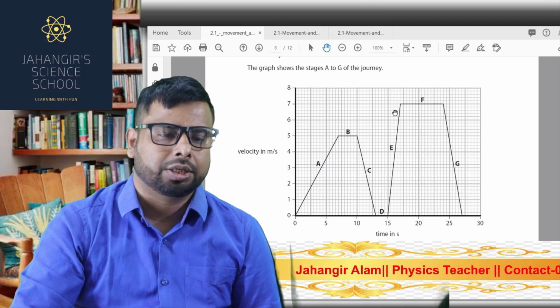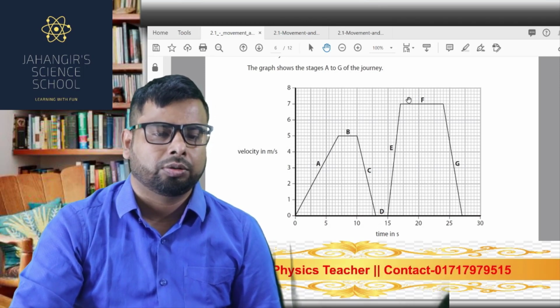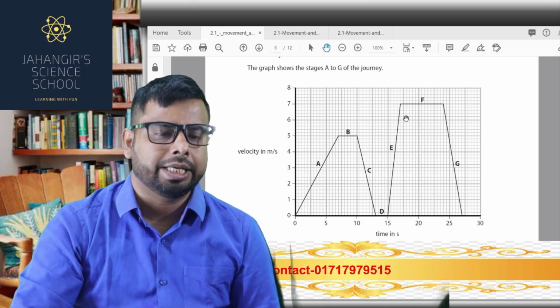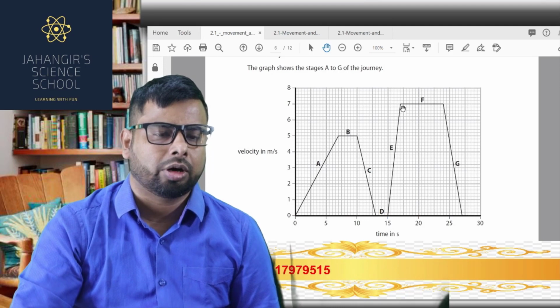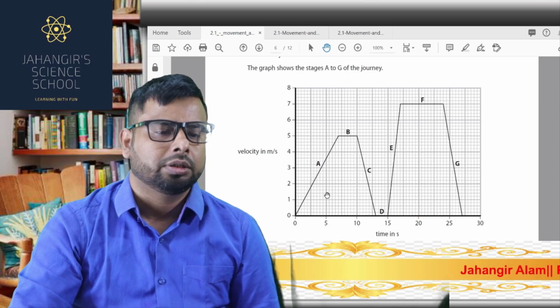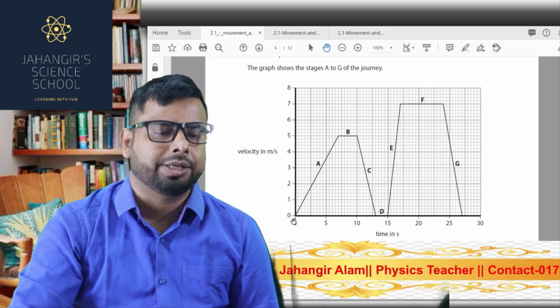The gradient for the line at stage E is higher, or more steep, than the gradient of the line at stage A.